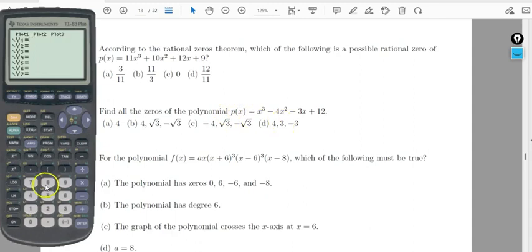Clear that out, and let's put x cubed minus 4x squared minus 3x plus 12. I'm going to start with a zoom 6. Okay, I might refine that a bit. I might click on window, and let's look from -5 to 5.